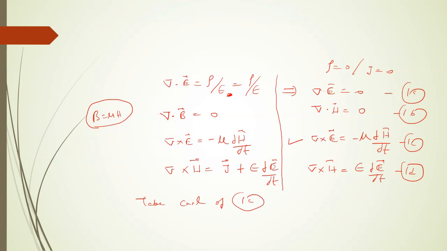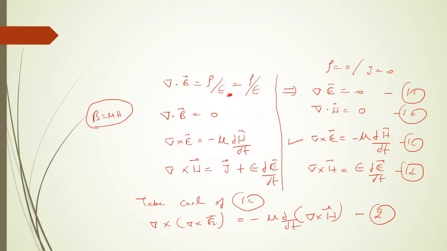I have discussed the meaning of curl in my previous lectures, so please see the electromagnetic field playlist. So del cross del cross E equals minus mu d by dt del cross H. This is our equation number 2.